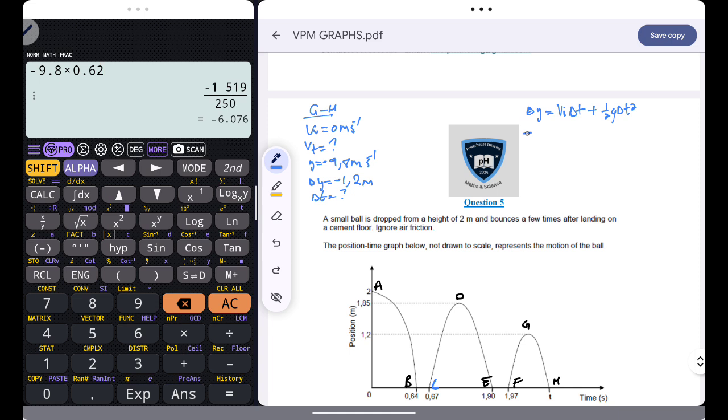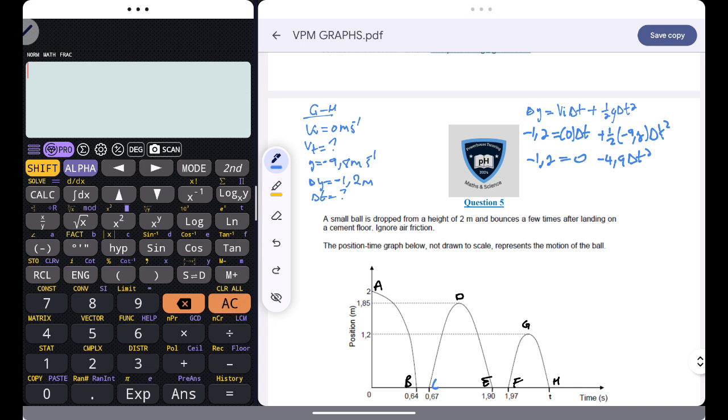My delta y is negative 1.2. Initial velocity is 0 multiplied by delta t plus 1 over 2 multiplied by negative 9.8 multiplied by delta t squared. Negative 1.2 is equal to 0 minus 4.9 delta t squared.